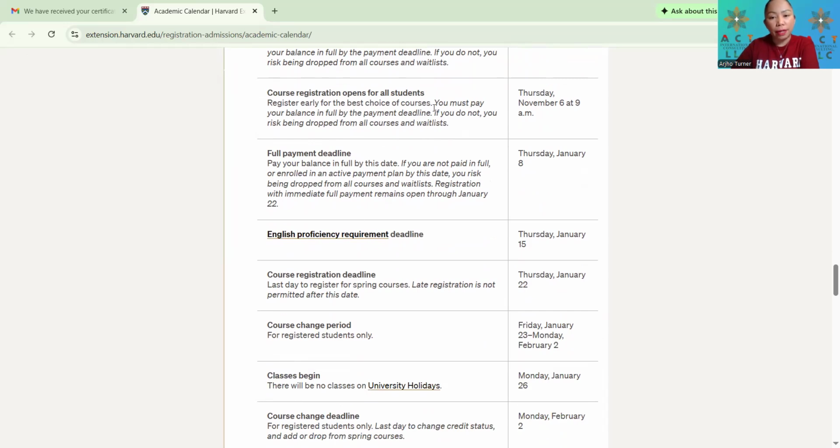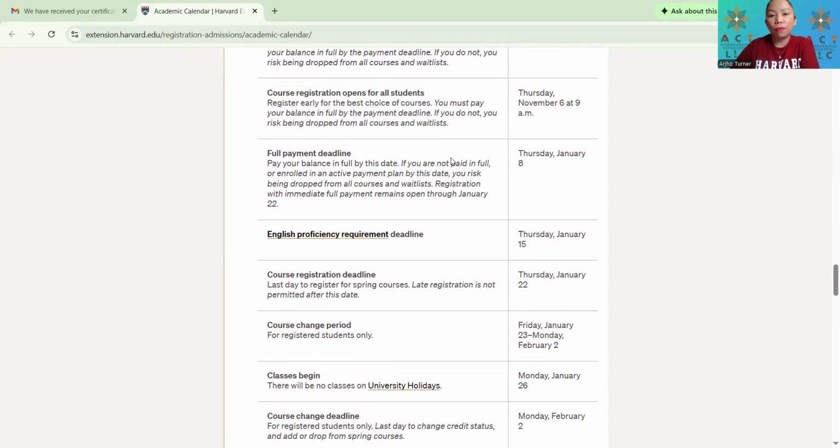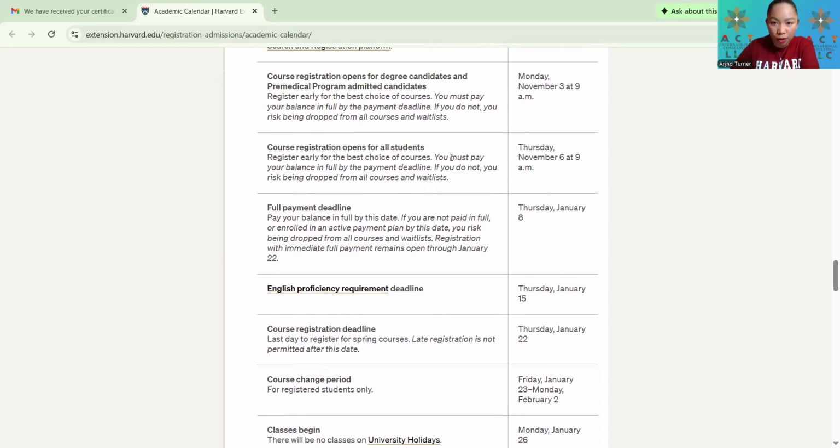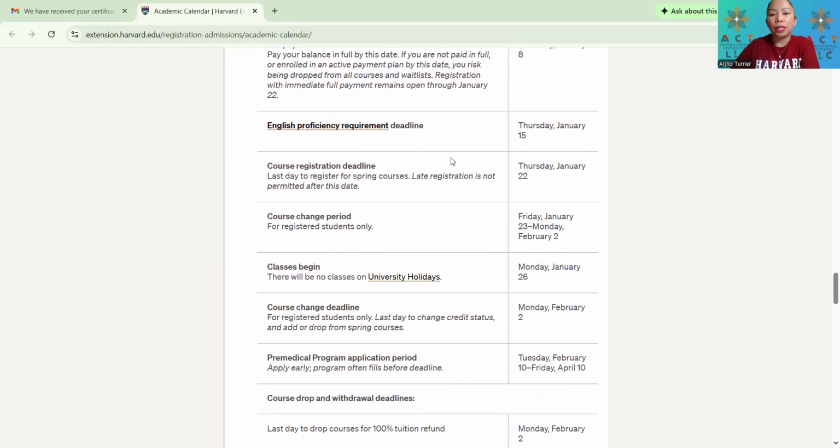Tapos I registered online. I have to use my Harvard key and everything. That was Thursday, November 6th at 9 a.m. And you have to pay, of course, before January 8th, which is like today, the full payment for the courses that you have enrolled and selected via my DCE.